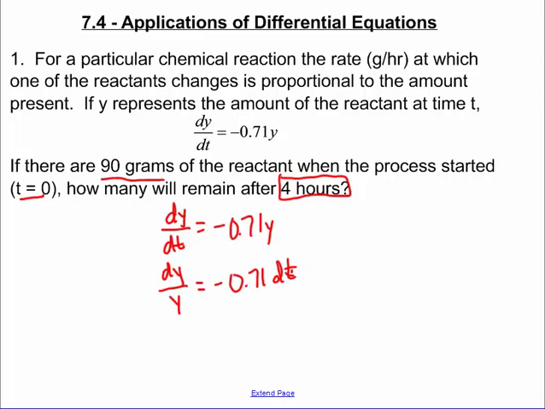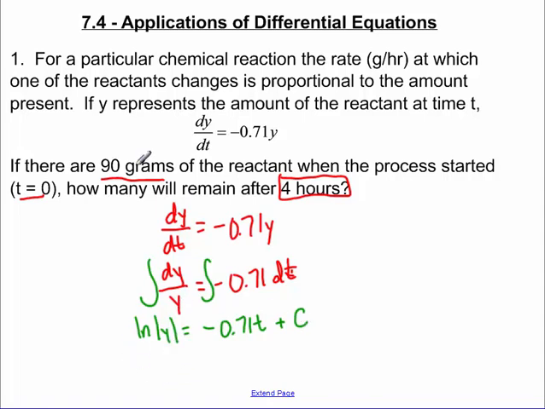We integrate both sides, so we get the ln of y is equal to negative 0.71 t plus c. Don't forget your plus c. You need to add in that plus c right when you take the integral, and on the AP, they're not going to give you credit. I think you get 3 out of 6 points. You lose 3 points for not adding in that plus c.